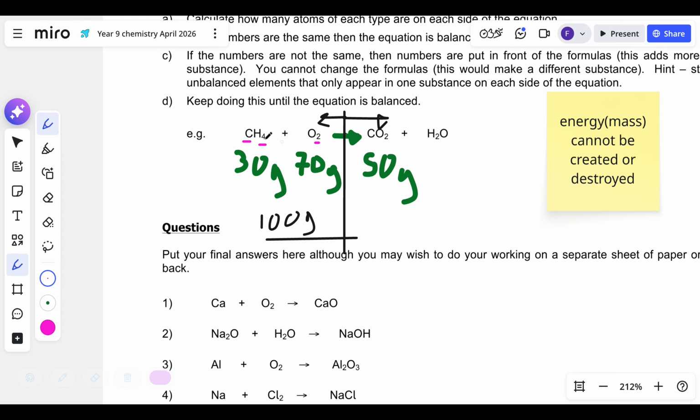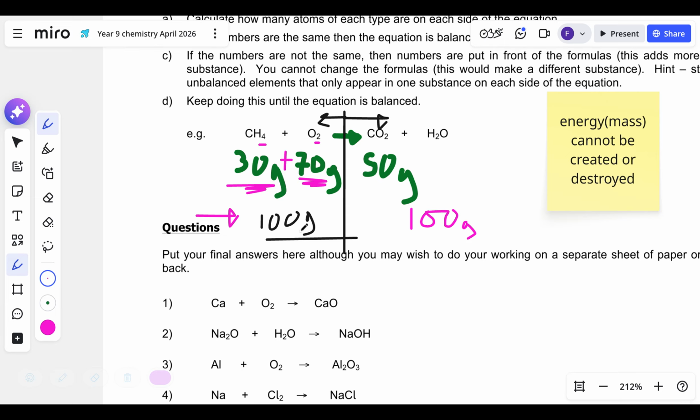But also the amount of stuff, the matter, cannot change. So if, for example, we've got a reaction where we've got 30 grams of methane, 70 grams of oxygen, the total mass is 100 grams. So on the right-hand side, you can't have more or less than 100 grams. The mass doesn't disappear, and you can't create any.